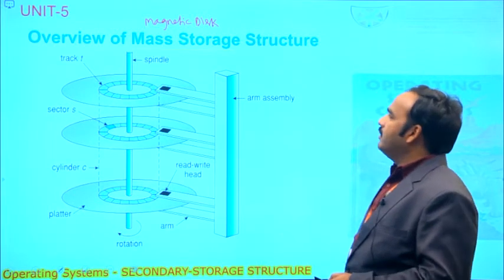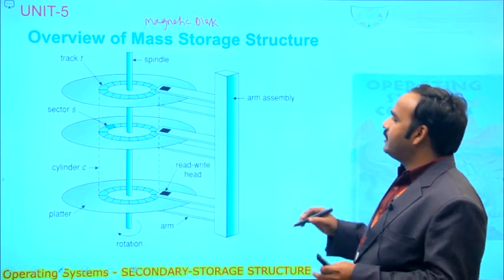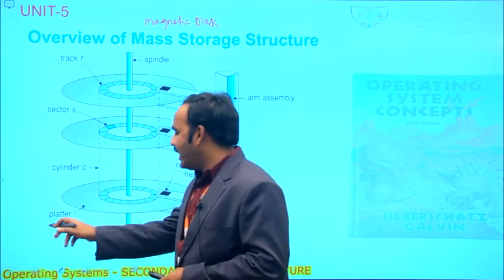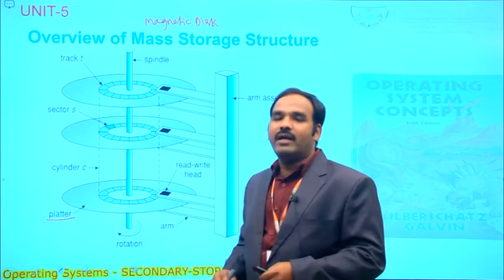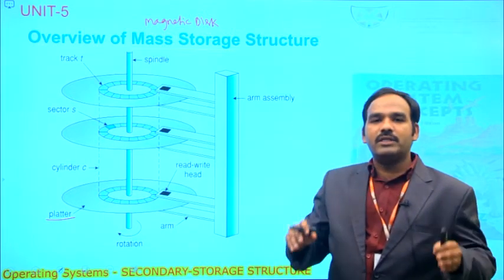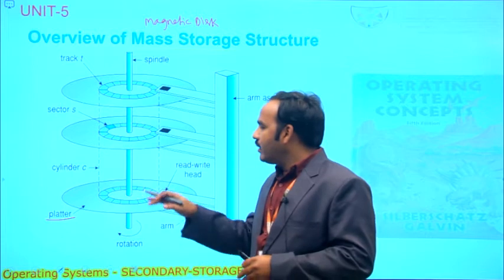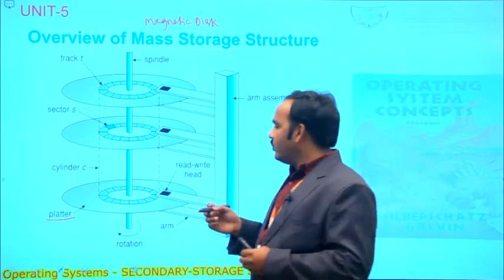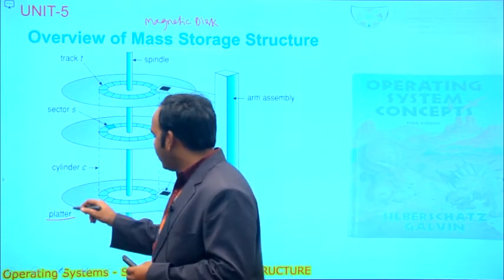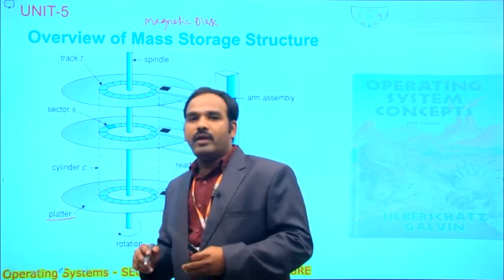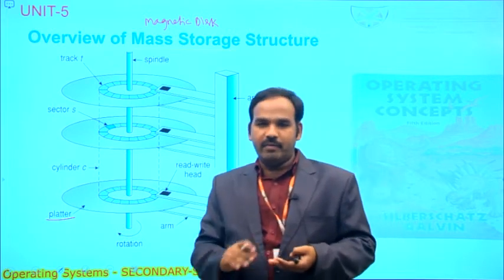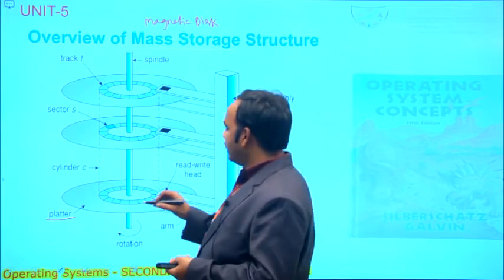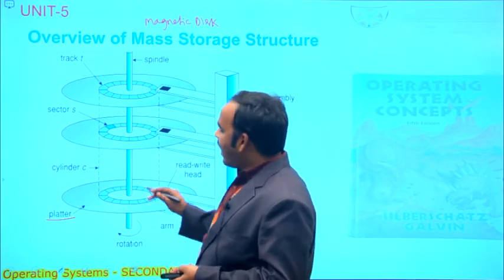Here in this hard disk, the first physical component is the platter. What is a platter? A platter is a circular shaped magnetic plate, like a CD.